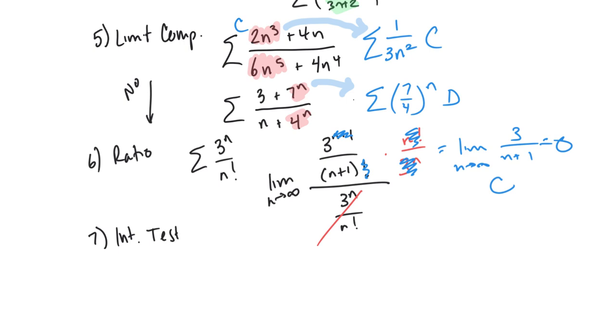And this is for times when you can't really see any of the other ones working, but you think I could write an improper integral that has the same kind of expression inside it, and I can evaluate that improper integral.